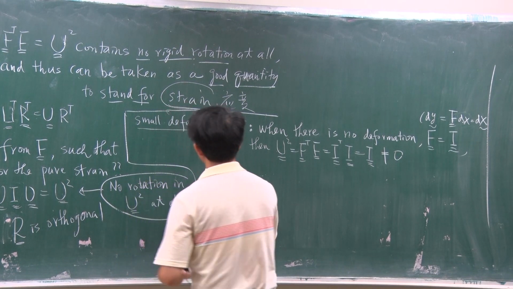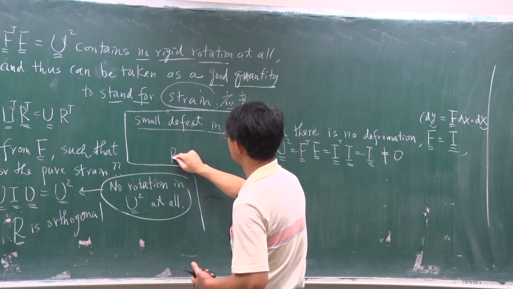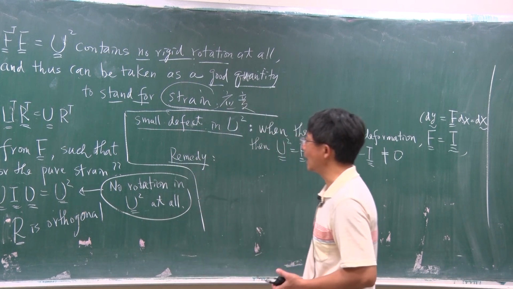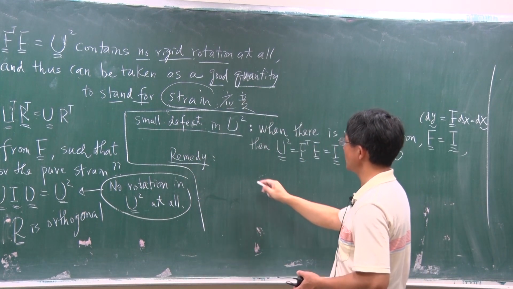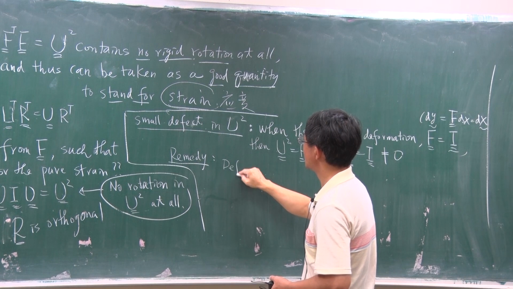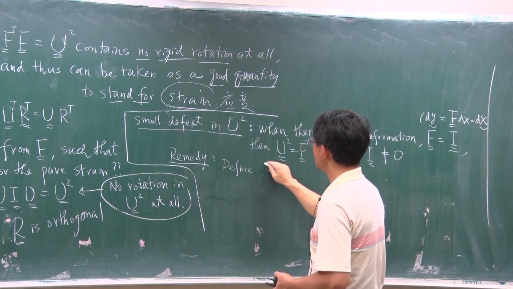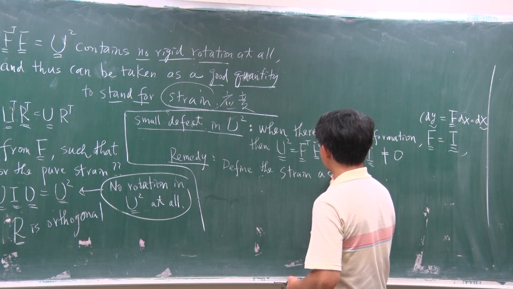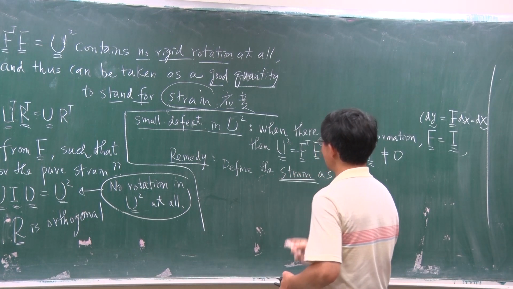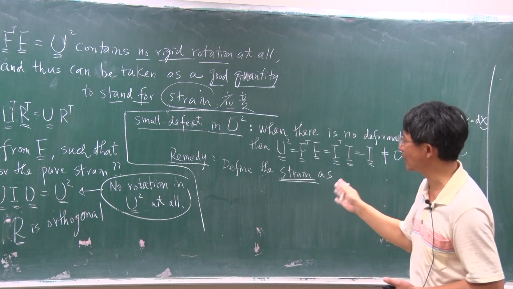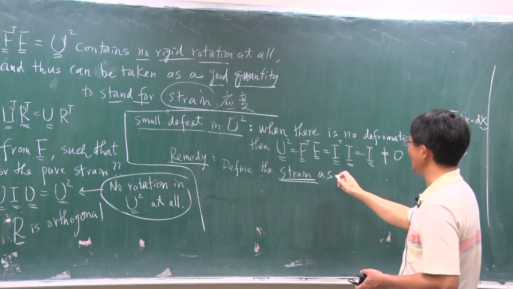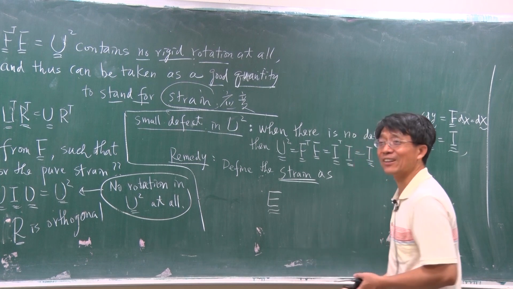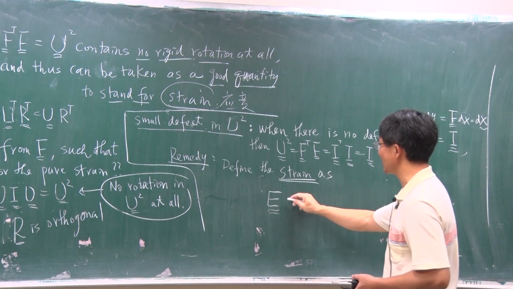Remedy, 补救的方法 remedy. Okay, define the strain as, okay, this is the strain we want. We define the strain as E. We give it the name E. This is the strain.